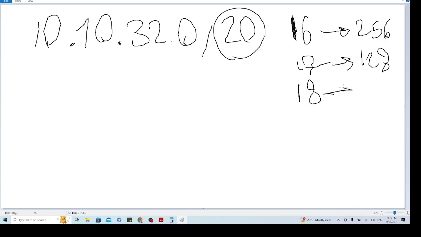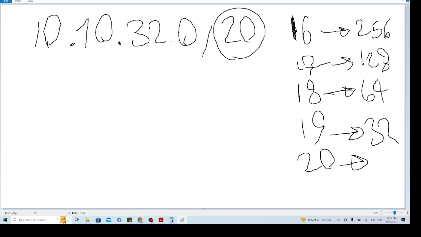I believe that you can pass any networking questions regarding subnetting with this trick. /18 comes to 64, /19 is 32 and /20 is 16. You just mapped it to 16. So our magic number is 16.